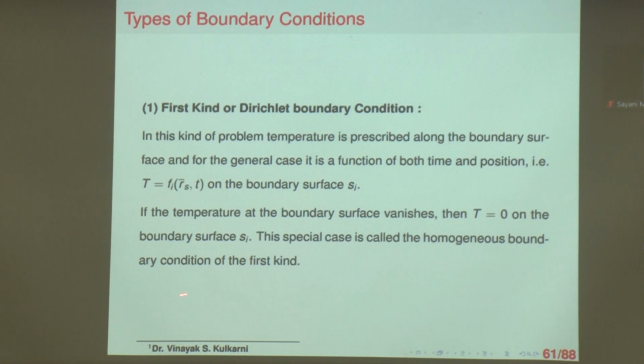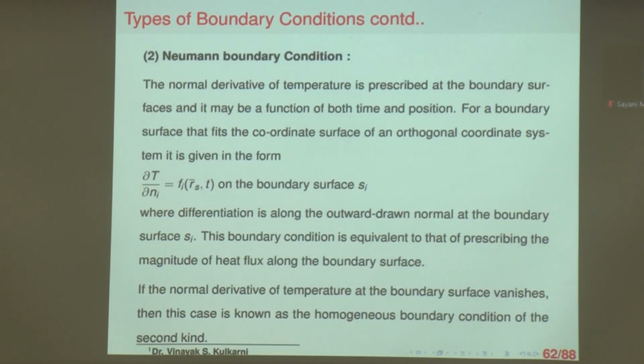This is known as the first kind boundary condition, or otherwise the Dirichlet boundary condition. The temperature prescribed on a particular surface may be constant, a function of position, a function of time, or a function of both. All possibilities are open there. It may be 0 also, and that time we call it a 0 temperature condition, like yesterday in the first problem we saw the 0 temperature condition.